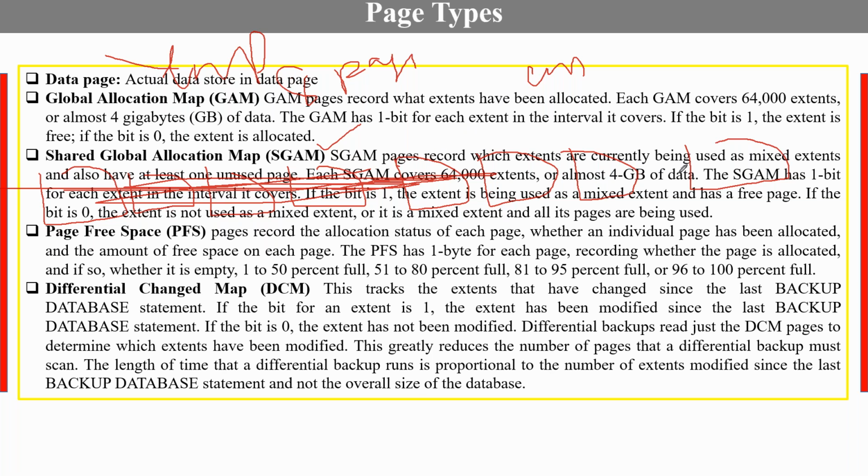Once these pages get consumed and there is no free space, it will again get an extent from the GAM page. Extent allocation will come from the GAM page itself. Whether that extent is completely consumed with data or has free space is validated from the SGAM.